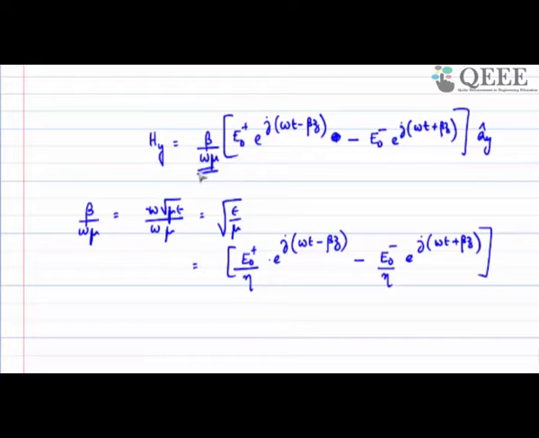This factor, omega mu by beta, is what I am calling eta.